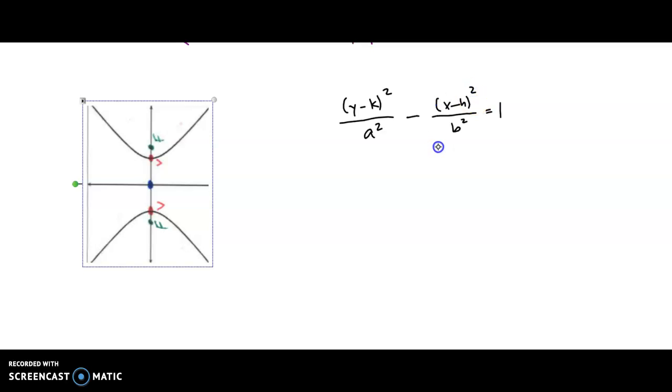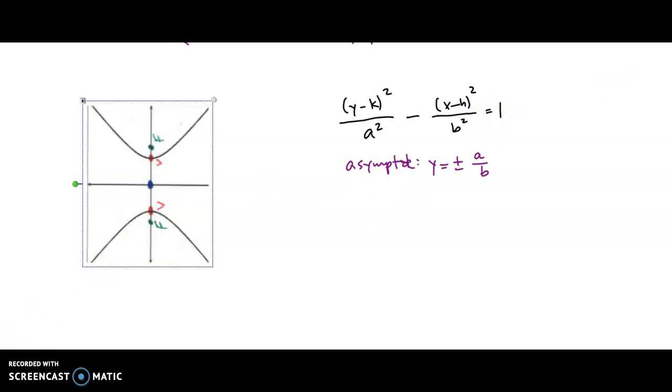If you need to pause or rewind and listen to that again, please do that. Those are the main differences from the ellipse. One last thing: the asymptotes for when it's vertical are going to be y equals plus or minus a over b. Again, I think it'll make more sense when we start going over these.